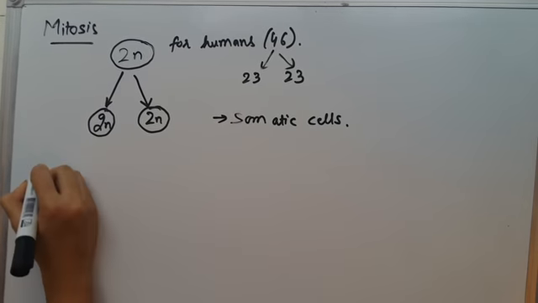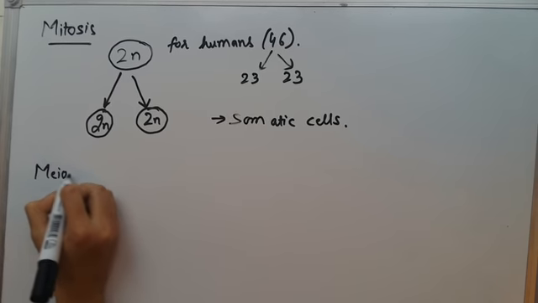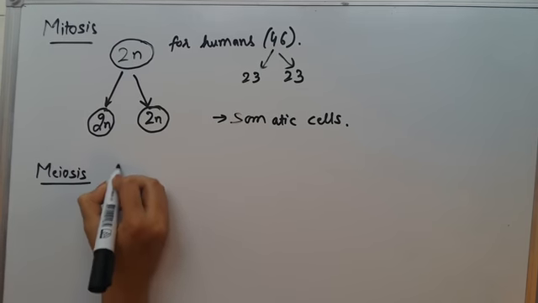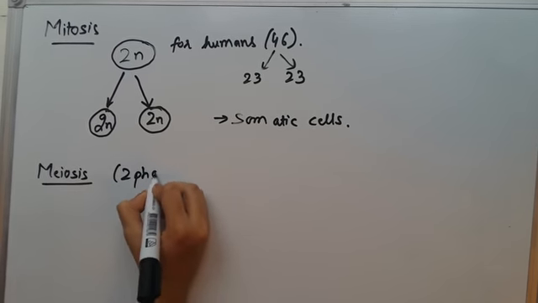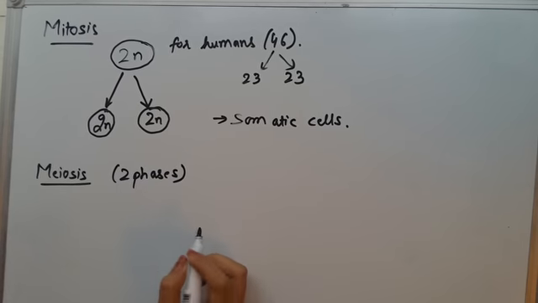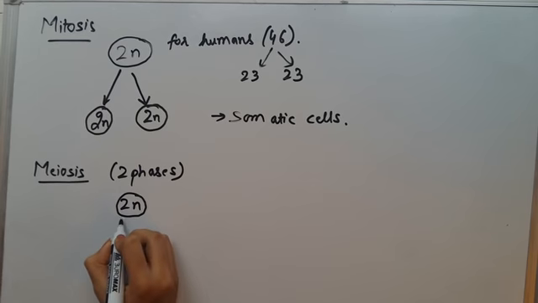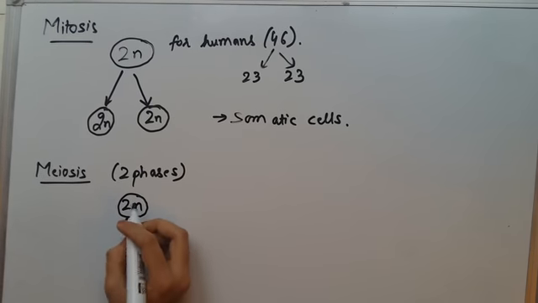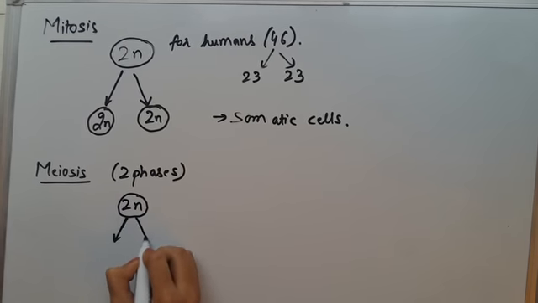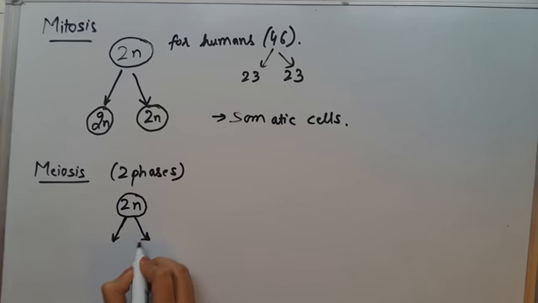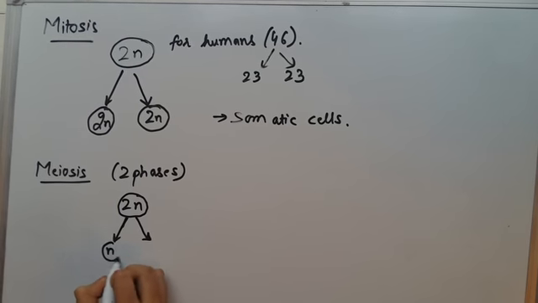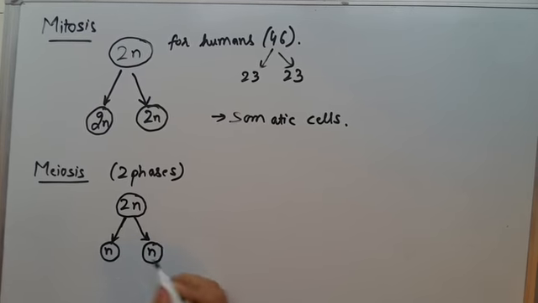And for meiosis, it has two phases, meiosis 1 and meiosis 2, and it also starts with a diploid phase. When it goes through meiosis 1, it leads to the formation of two daughter cells with half the number of chromosomes, that is haploid.